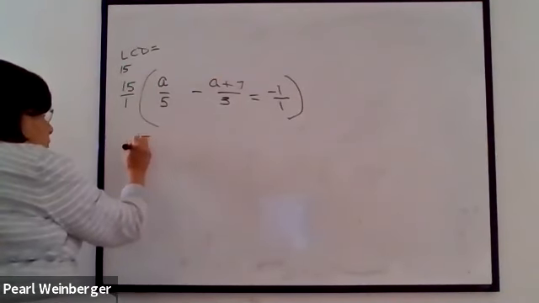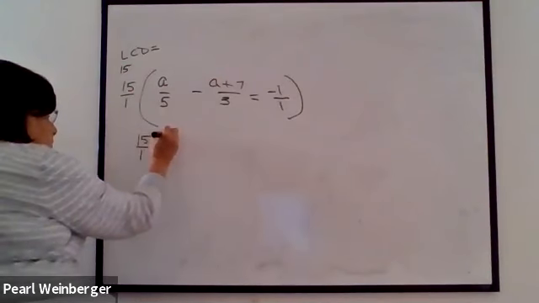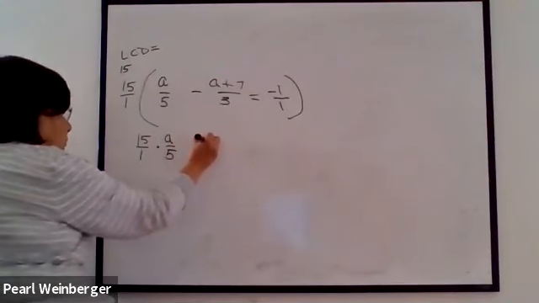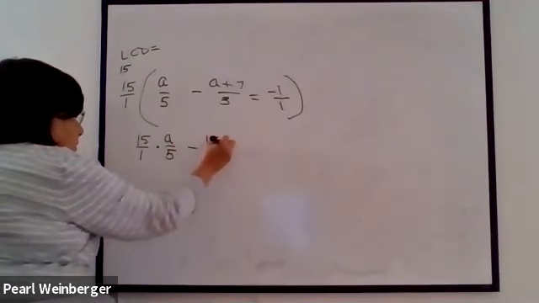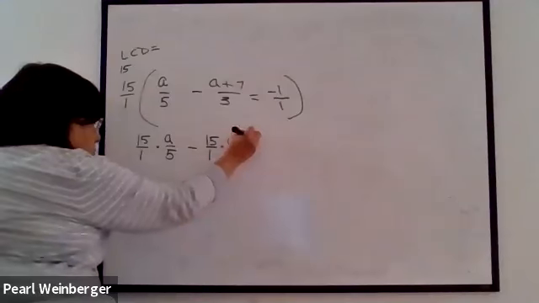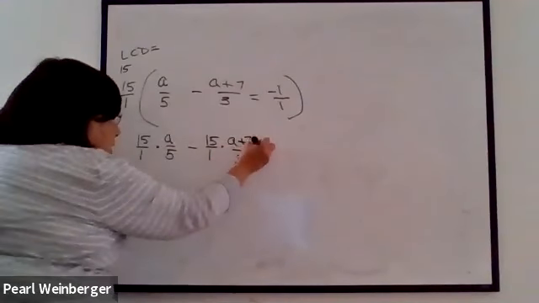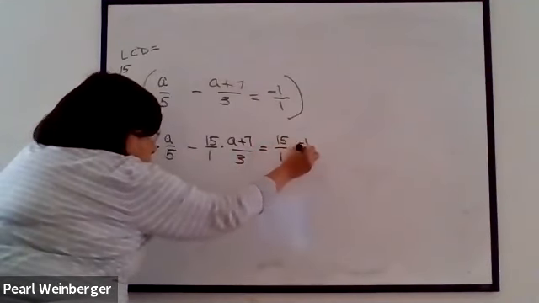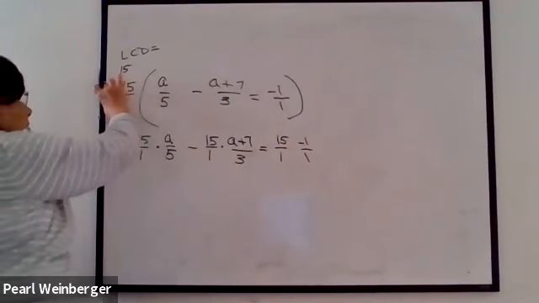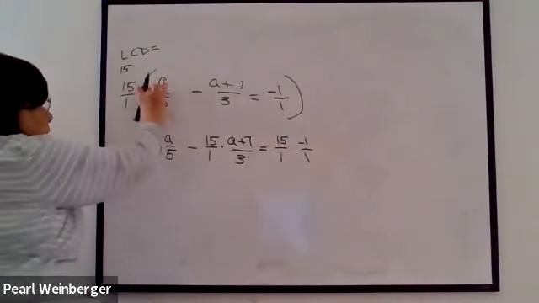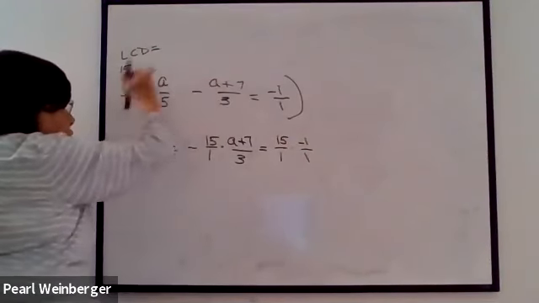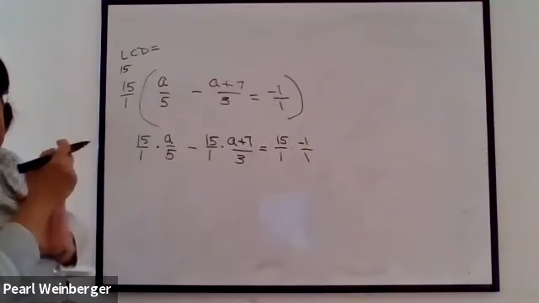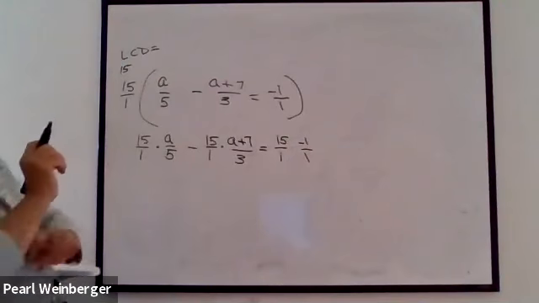So I'll do 15 over 1 times a over 5, minus 15 over 1 times a plus 7 over 3, equals 15 over 1 times negative 1 over 1. I just take this common denominator, put it over 1, and multiply by each term. Now this still looks pretty complicated, but you'll see how this will get simplified.